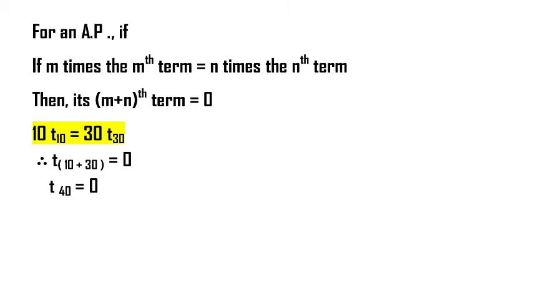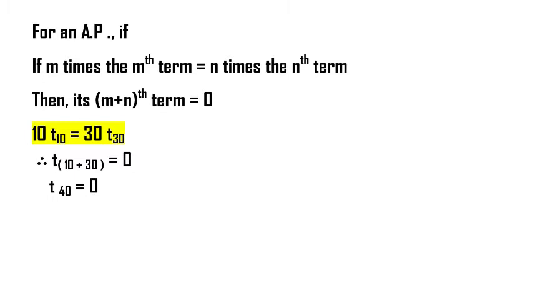If you have these types of problems, where the number of times equals the particular nth term, in such a case you can rewrite this relation and the result as directly 0. So T40 will be equal to 0. Either you can apply the first method, or with this relation stated very clearly, you can apply the second method and find out the value of T40.